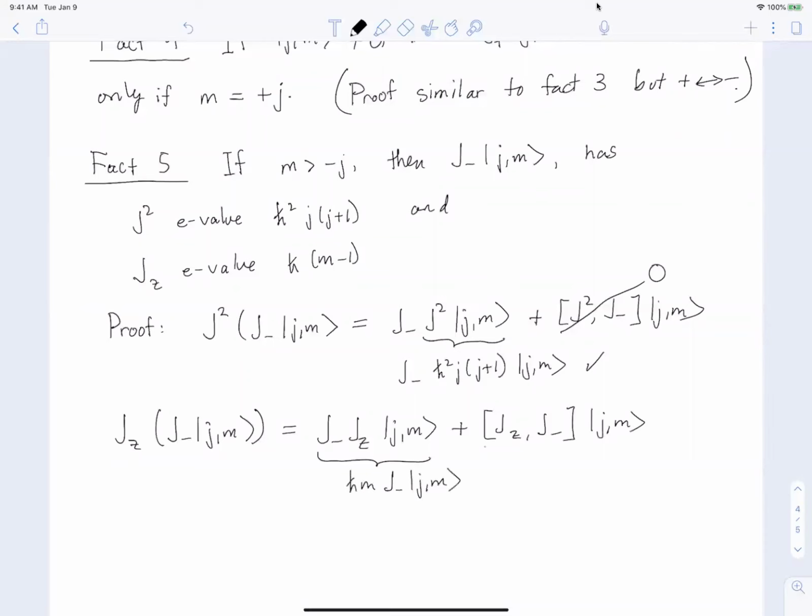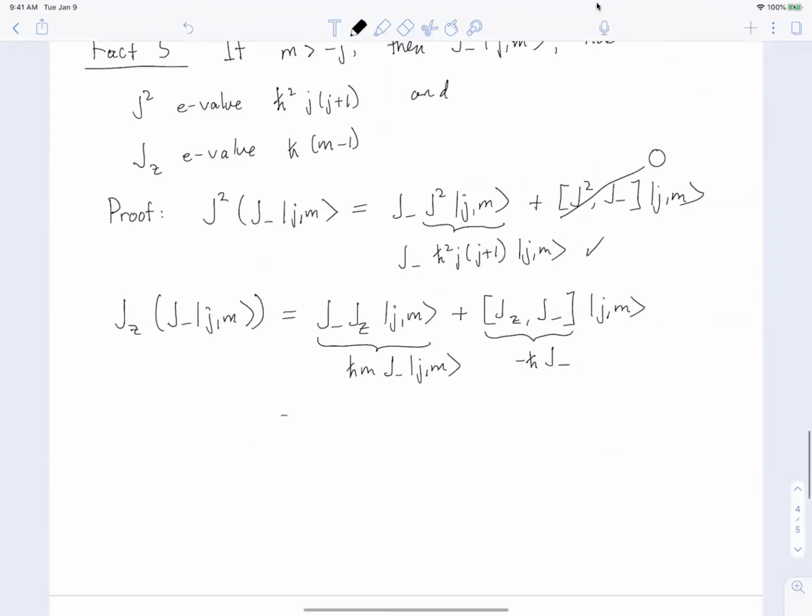And then here we're going to use the commutator algebra. The thing we worked out said that that was minus h bar times j minus. And so the whole thing is h bar times m minus 1 times j minus. Okay, and that's proving that j minus acting on jm here is an eigenstate of j sub z with eigenvalue h bar m minus 1. So that was what we claimed there.